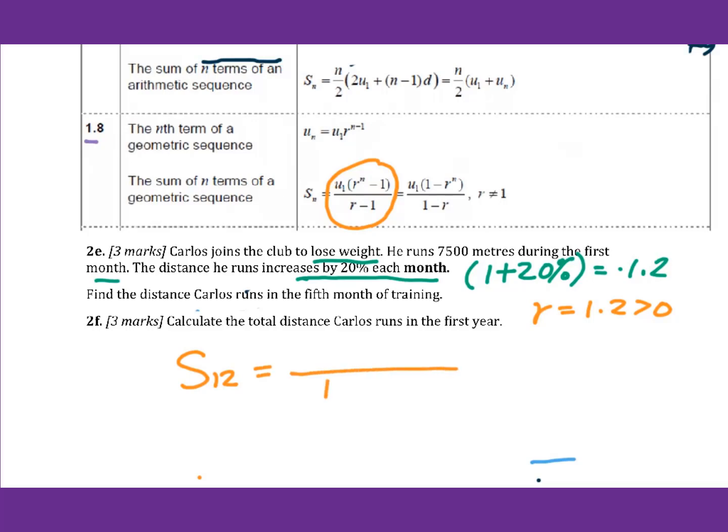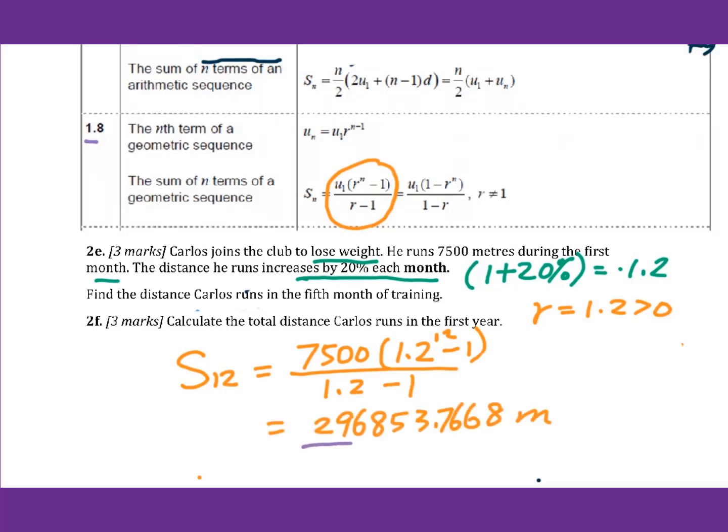So you get 7,500 times 1.2 to the 12th power minus 1, all over 1.2 minus 1. Then you will get the answer. Remember, this is in meters as a unit.